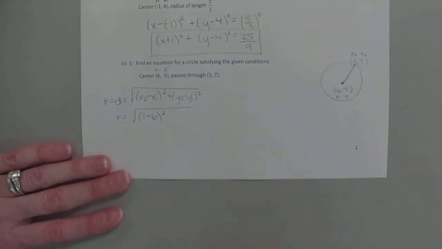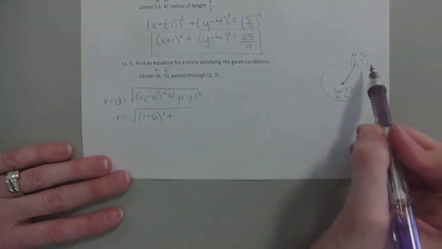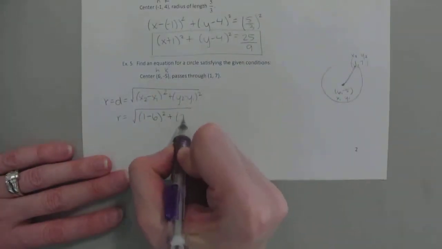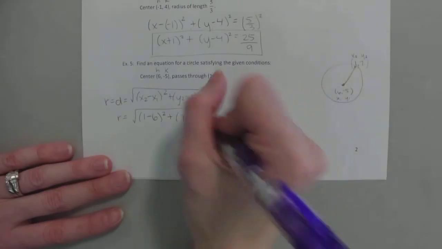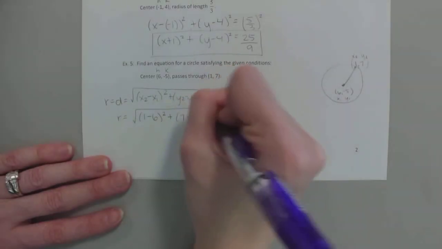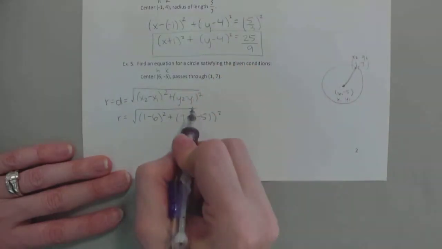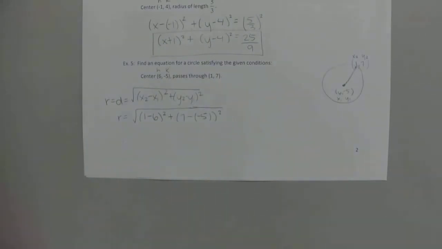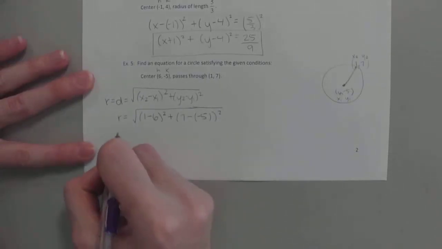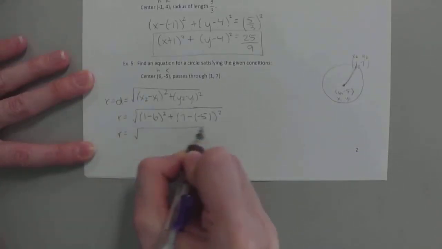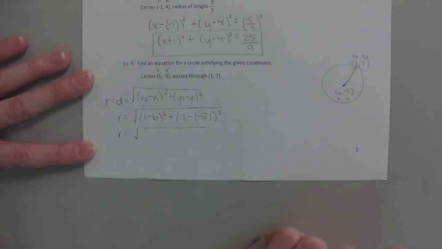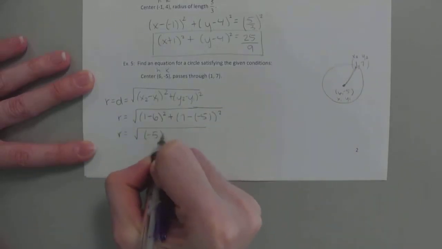So our radius is going to be the point on the circle, 1 minus the point in the center, 6, the quantity squared. And then go back and do it with my y's. The y on the circle, 7, minus the y on the center, -5. Is that okay? And you can be brave, guys, and flip-flop which point is what, but you'll see that we'll get to the same answer.